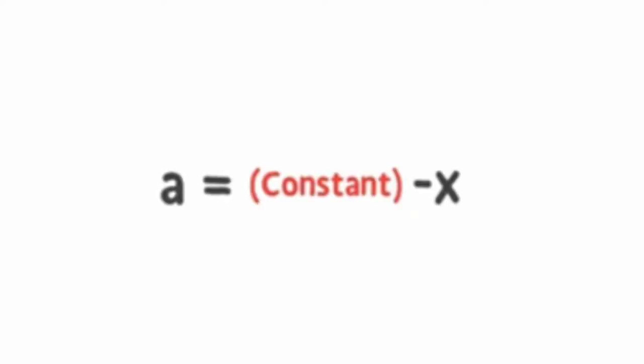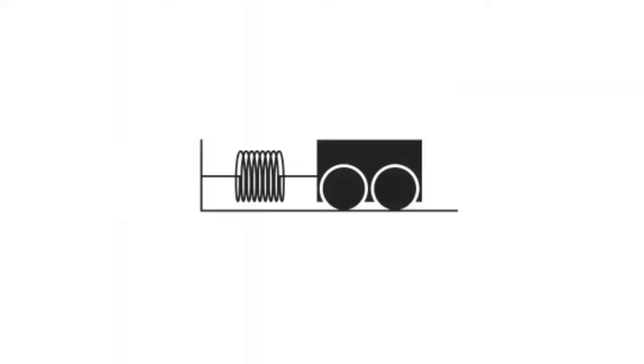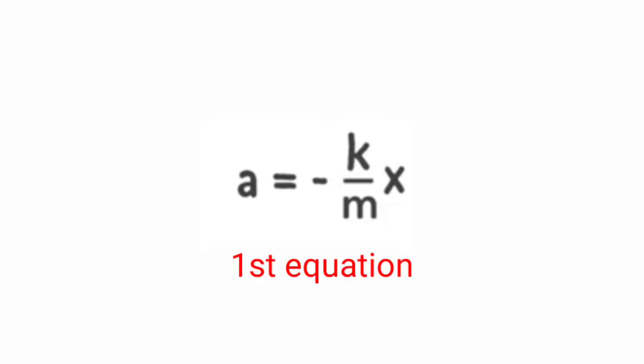In order to do that, we will write it as A equals a constant times x. In this case, we have a mass attached to a spring and its constant is k over m, which came from Hooke's law. Now we will write it as A equals negative k over m times x. This will be our first equation.